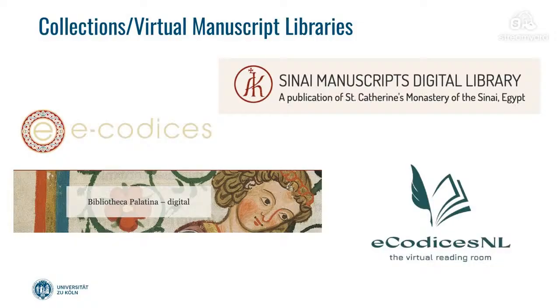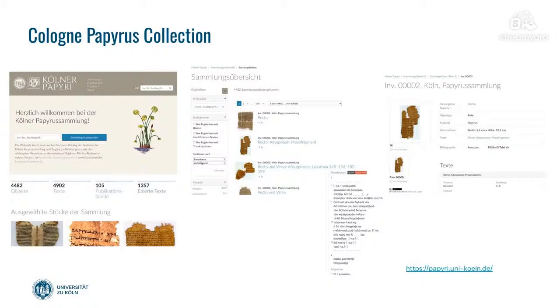Since all the digital developments grow so fast and so steady, I was considering saying that this lecture is maybe not up to date anymore, but actually it will always be up to date, in that we will always deal with the same manuscript collections, and these examples are still very good examples for digitization projects. eCodices NL is also quite recent, and the Bibliotheca Palatina has been completed quite recently. And eCodices, they're all ongoing.